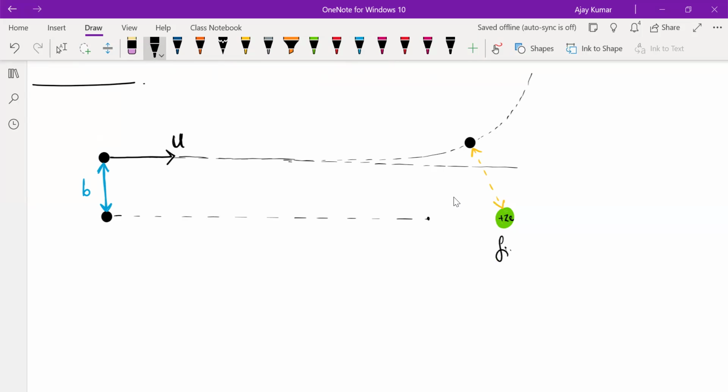You know the nucleus is considered to be fixed. It doesn't move when an alpha particle approaches it.